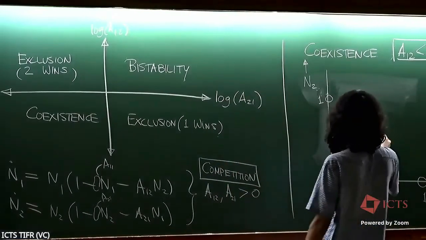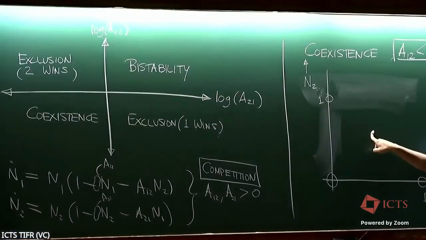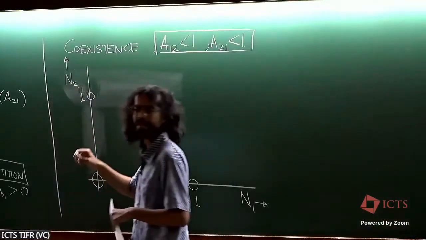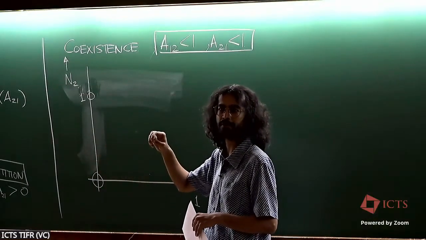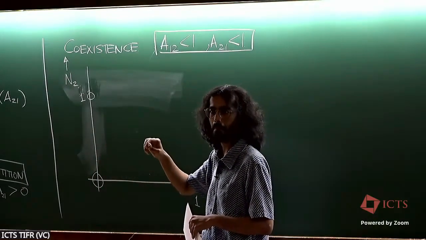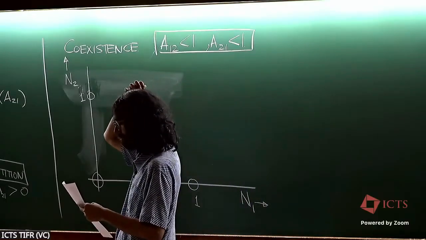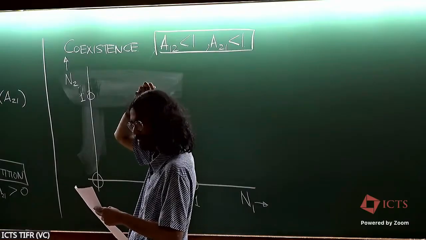So indeed, there's going to be one more fixed point somewhere here, which I won't mark out because I'll talk about the lines in a second, which will be the coexistence fixed point. And you can actually compute it. Did anyone compute what the fixed point abundances should be? A21 minus 1 or something else?